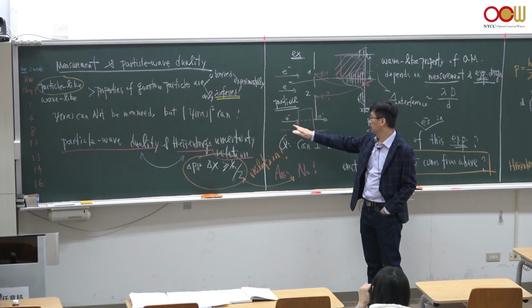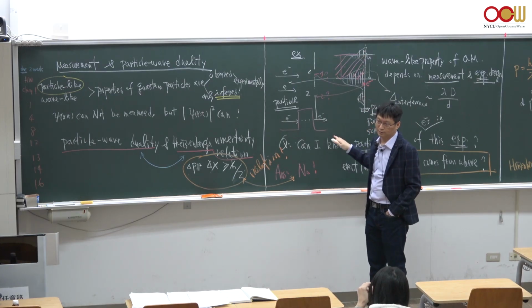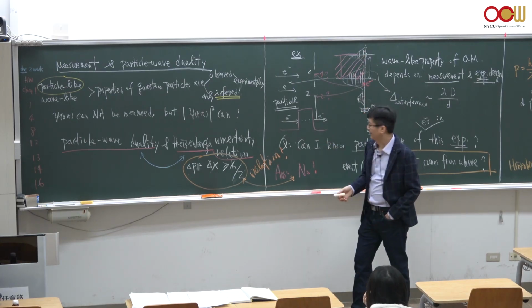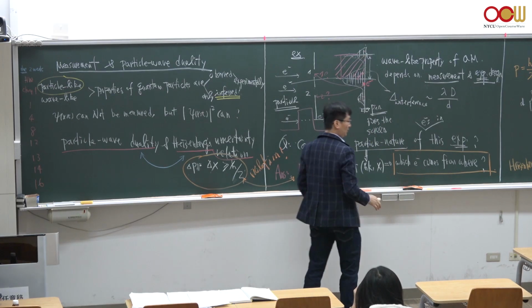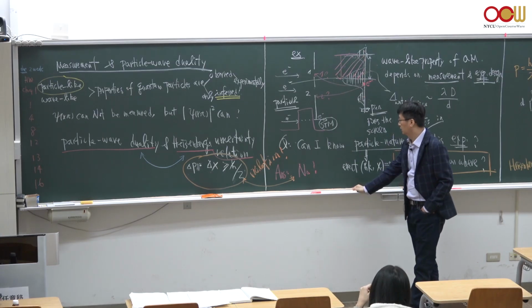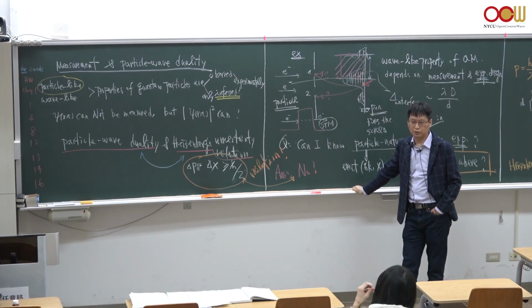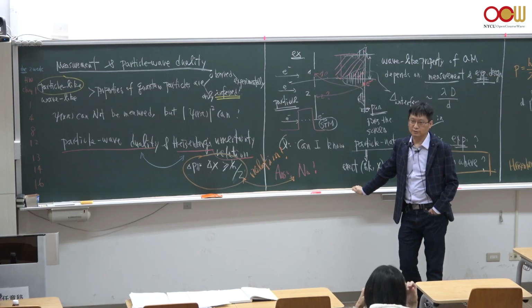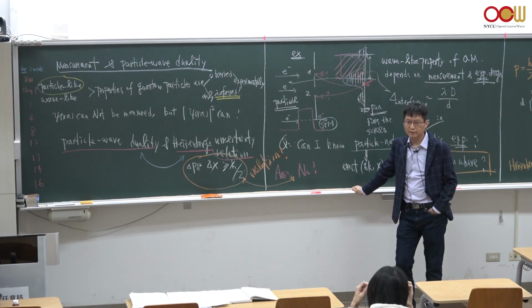But quantum mechanically, electrons can tunnel through the barrier. But how come? We cannot have a very good intuition on this phenomenon. This phenomenon is real because it is the basis of the equipment called STM, scanning tunneling microscope. Okay, so this STM technique is a very powerful technique in all these modern devices.